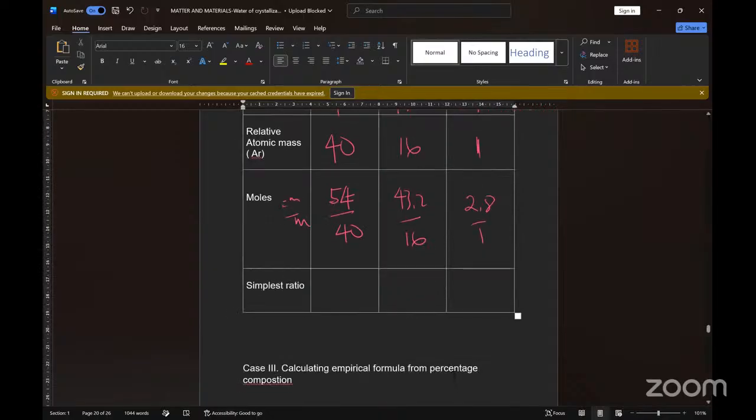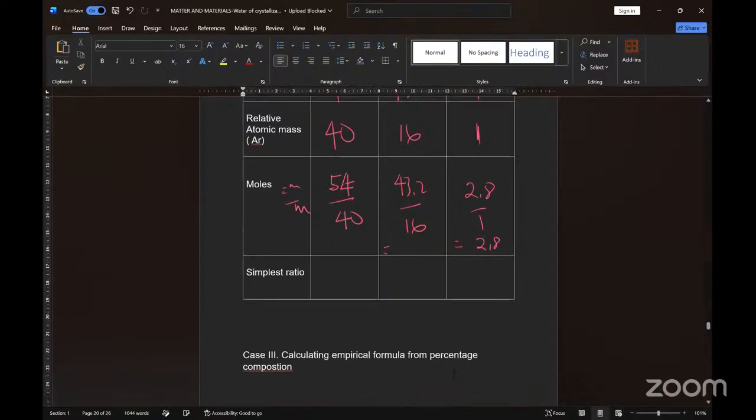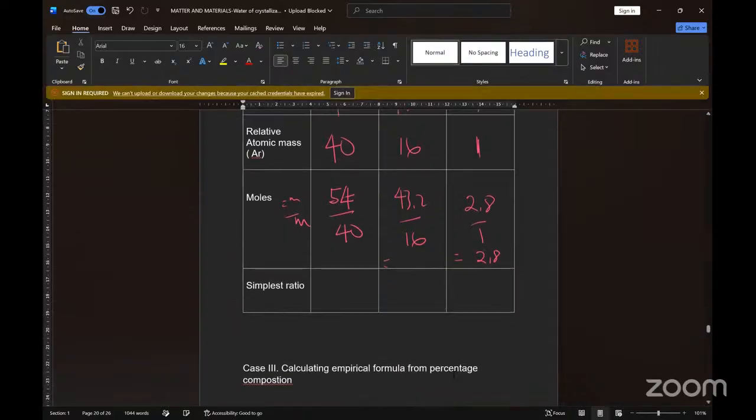Obviously, anything divided by 1 is that thing. So here is 2.8. Then for this one, we use our calculator. We're going to have 43.2 divided by 16. And that gives us 2.7. This is 2.7.